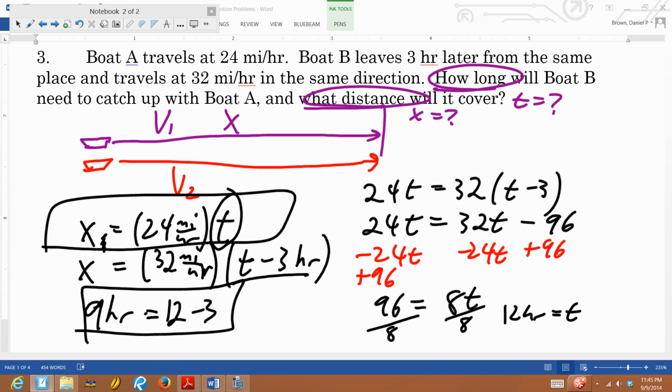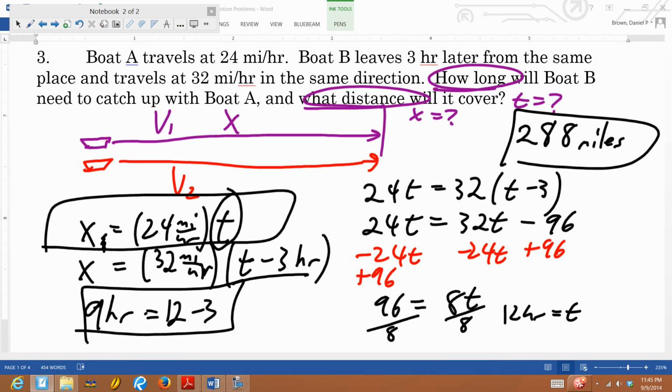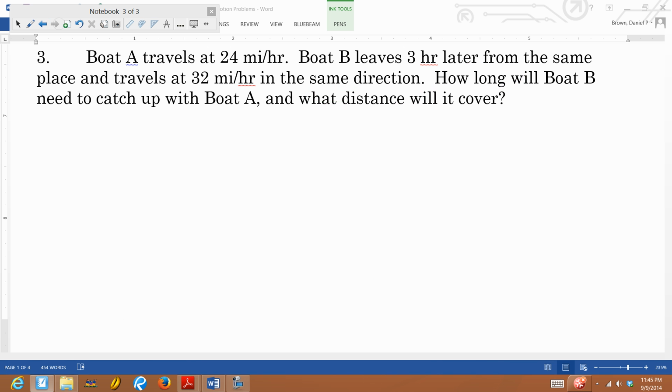And either one of those that I do, I'm going to get 288 miles, I believe. Okay, and that pretty much finishes up this problem. Let's go ahead and move on.